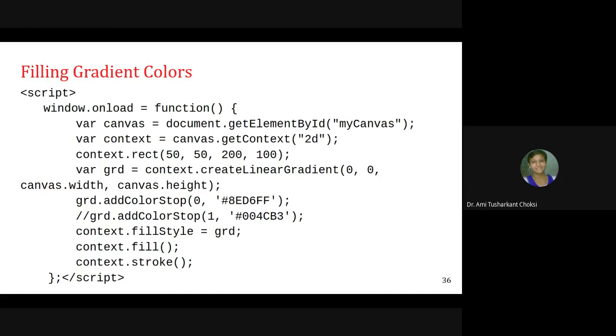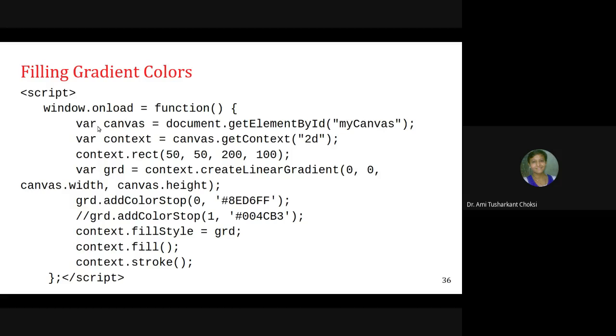The shading, they are trying to show the color changing, and you can see the effect, right? Whether this gradient or change is in the linear way or in the radial way, those are the two things available with filling gradient colors.